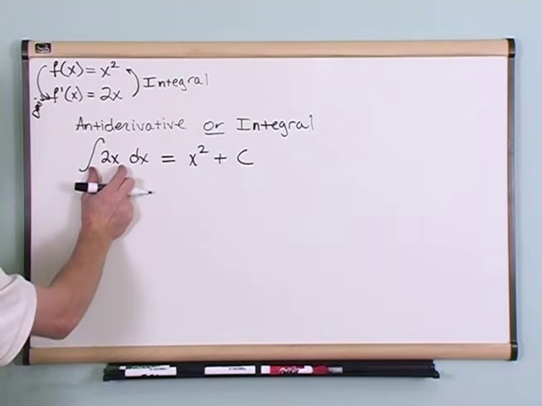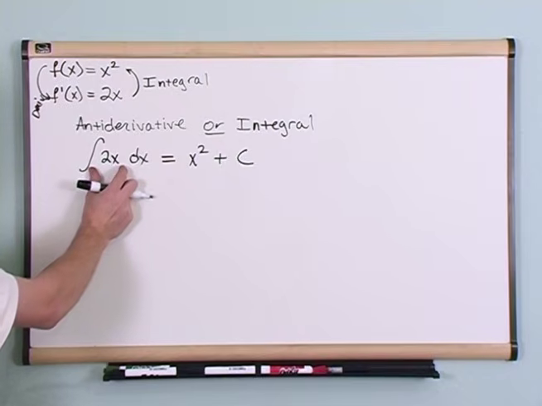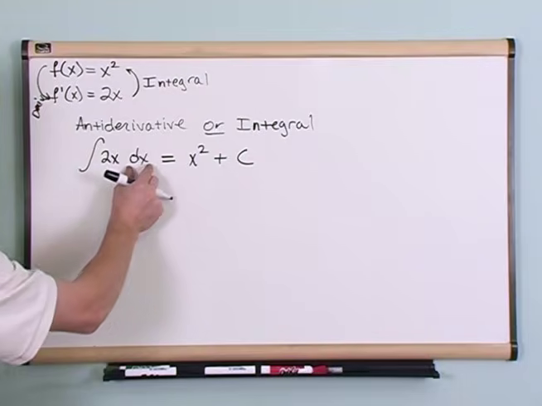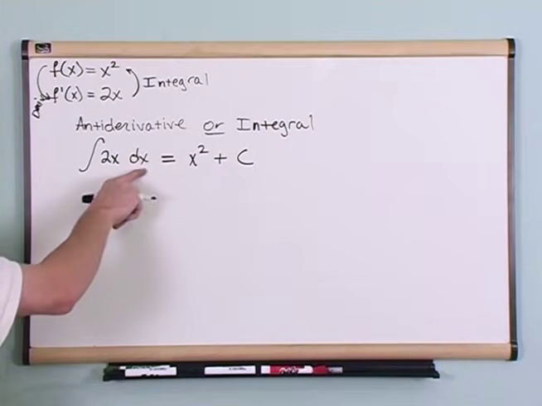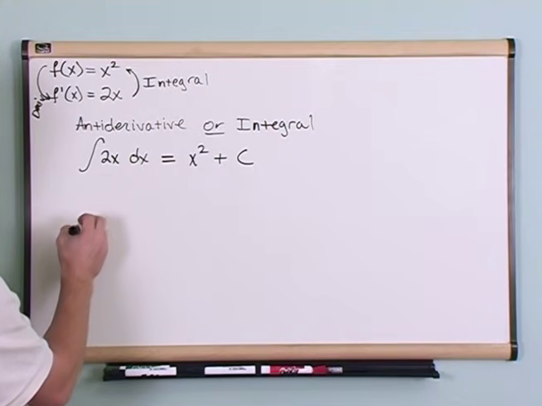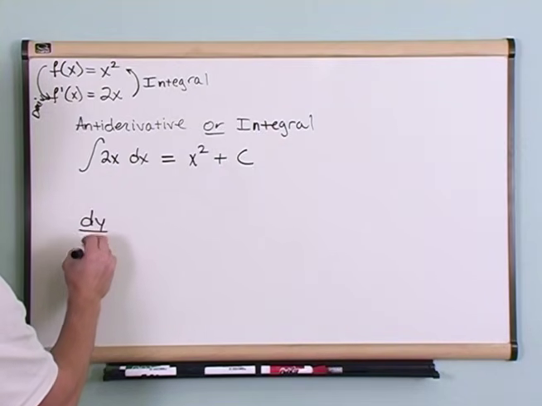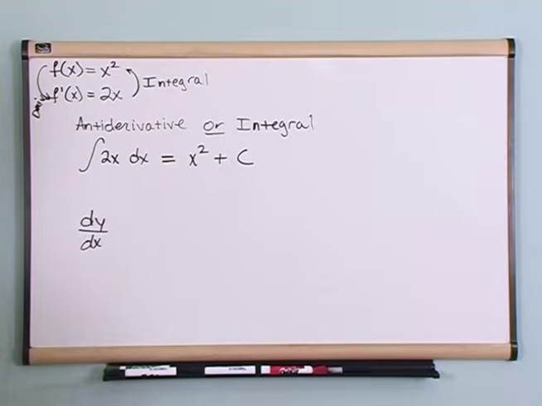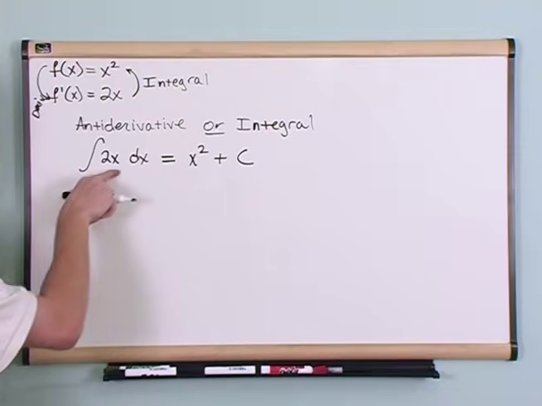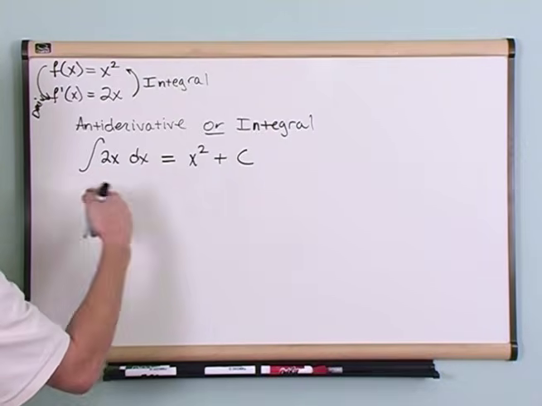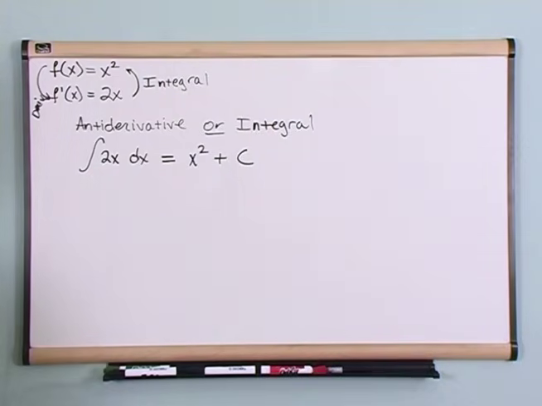You have something in the middle that you're taking the integral of, in this case this function 2x. And you're integrating over some differential variable. I know I'm using a lot of terms that don't mean anything right now, but basically it's called a differential variable dx. Before, when we took dy with respect to dx, it's the same dx. It's a very small value of x, is really what it means. And so you're integrating this function with respect to x is really what that means.